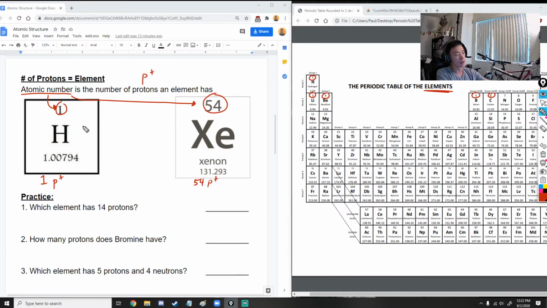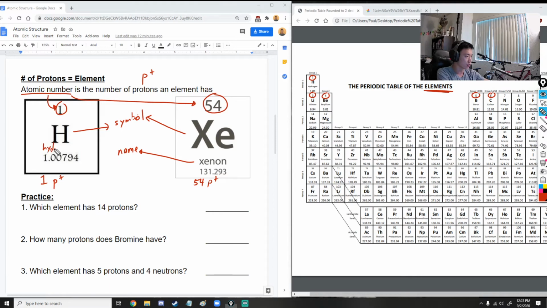Just a couple other things about the other things in the boxes. The big letter in the middle is called the symbol. It's basically a short way for us to write the element. So this H and this Xe, we call those the symbols. There's no name right here, but the element's name is usually found underneath. So the name of this atom right here is xenon.